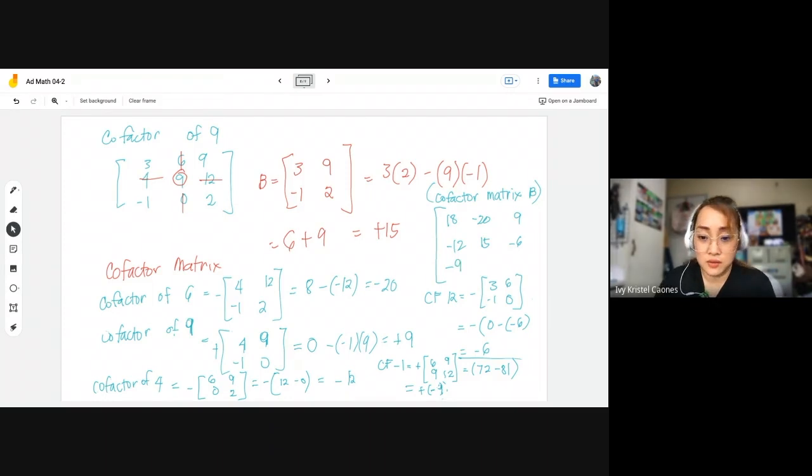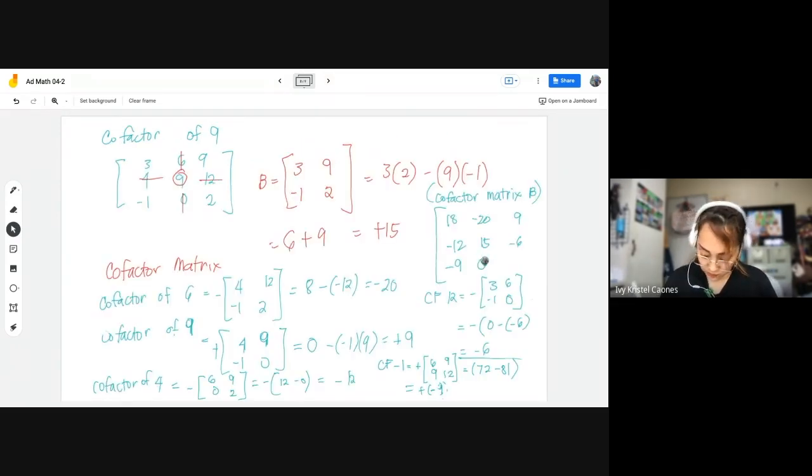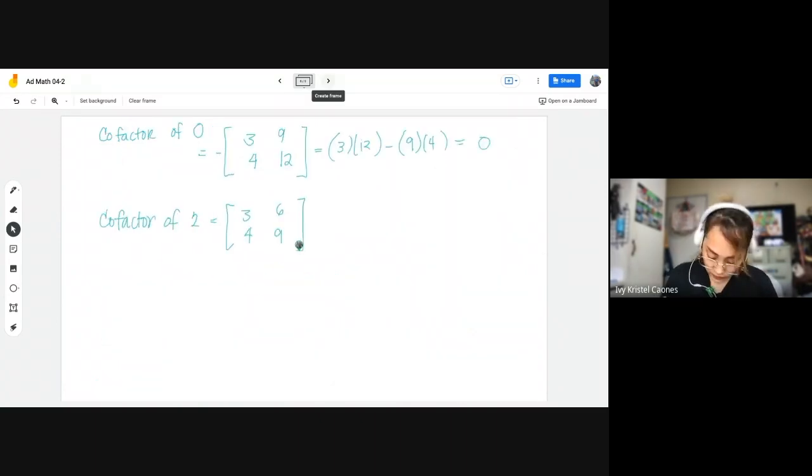Then the cofactor of 0, where the sign is negative. So equal to 3 times 12 minus 9 times 4, which is 0. The cofactor of 2 will be 3, 9, 6, 4. That is positive 3 times 9 minus 6 times 4, which is 3.